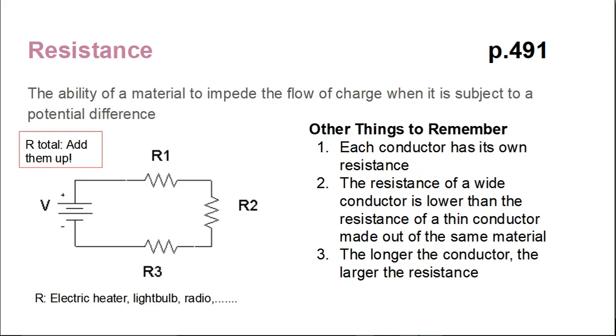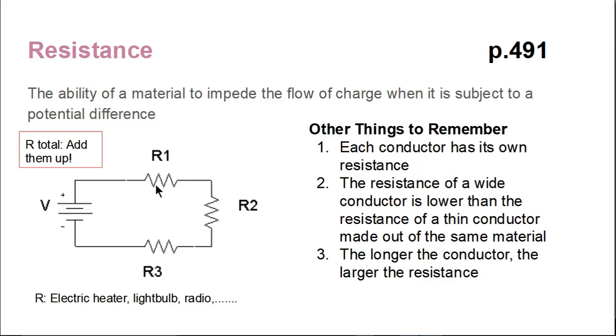Also, the longer the conductor, the longer this piece of metal right here, the greater the resistance. The electrons have to travel through more metal, so they encounter more resistance. That should make sense to you.